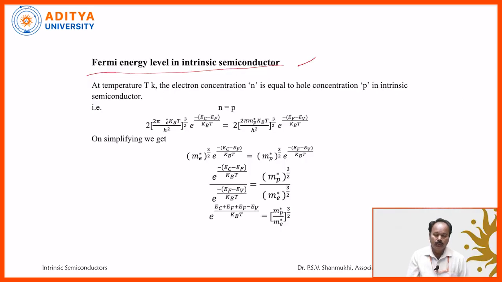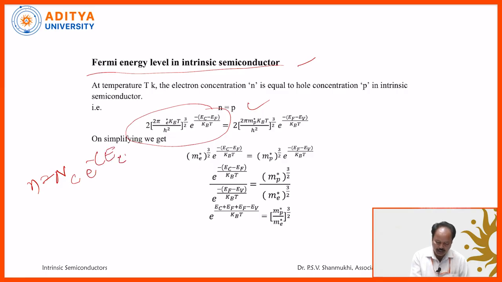Now taking n equal to p, the electron density expression is given by n equal to Nc e power minus (Ec minus Ef) by kT.